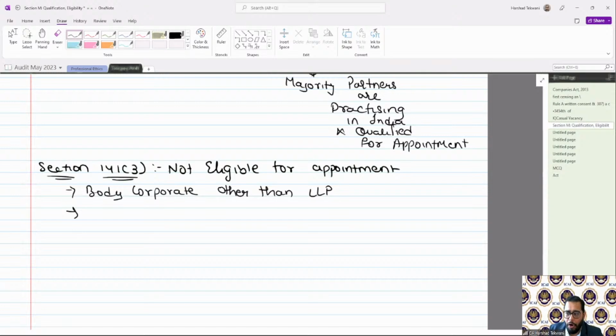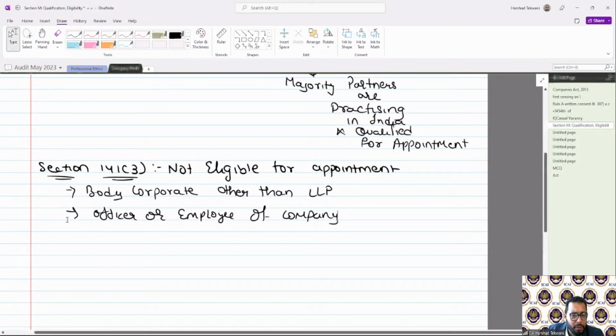Second, an officer or employee of the company. They are also not eligible to be appointed as an auditor. Also a person who is a partner or who is in employment of an officer or employee of the company.